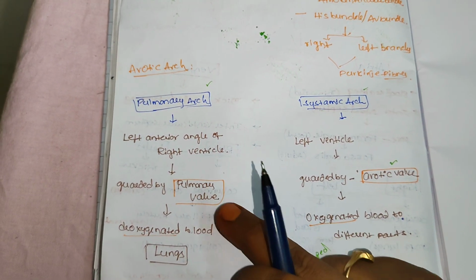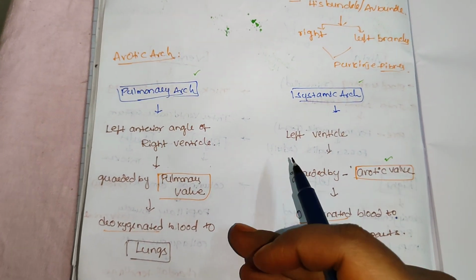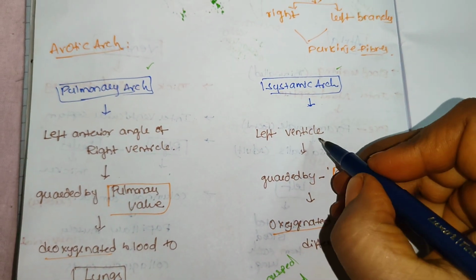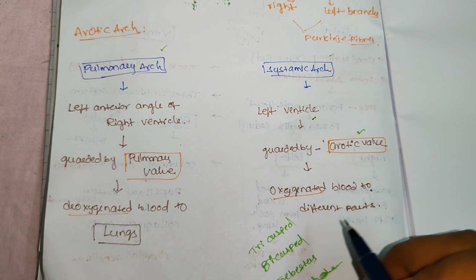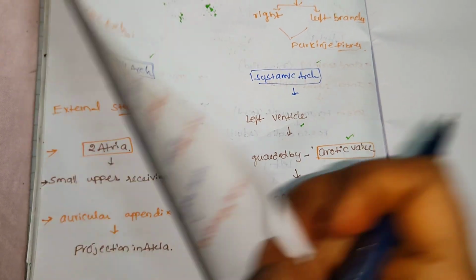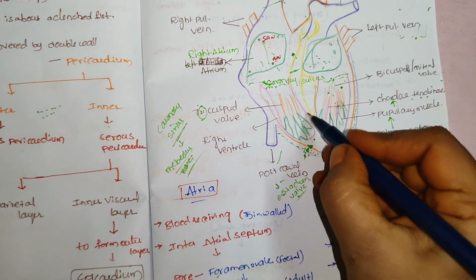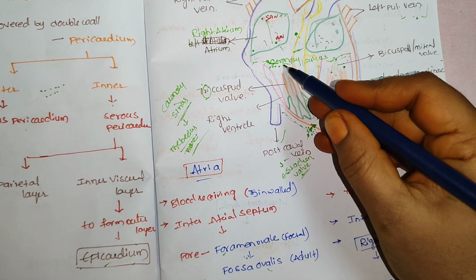Then it is guarded by the pulmonary valve. It carry deoxygenated blood to the lungs. Then systemic arc. So it is located on the left ventricle and guarded by the aortic valve. It carry oxygenated blood.